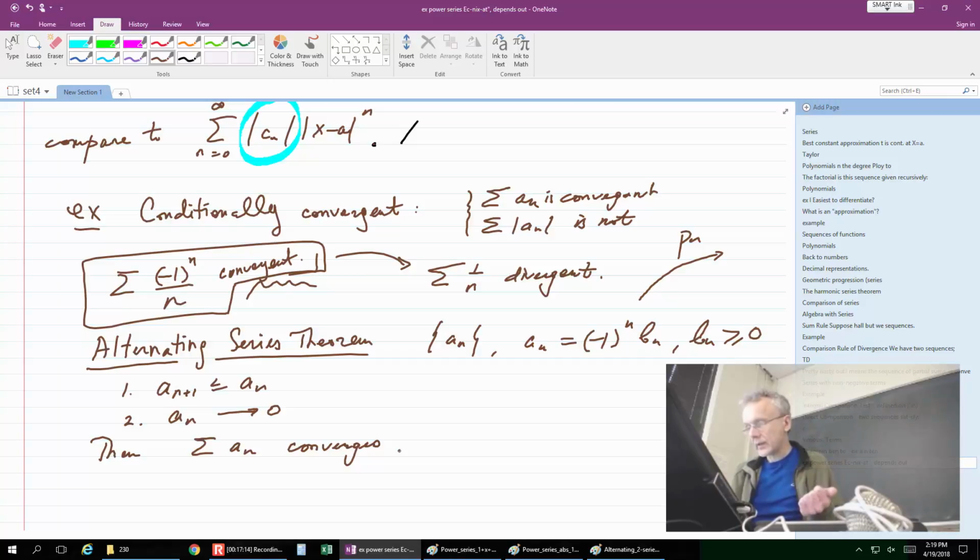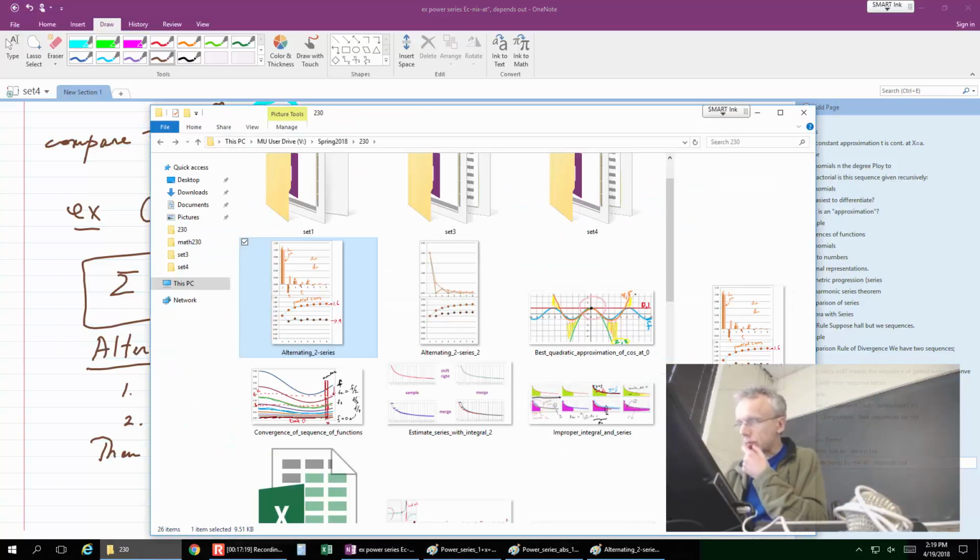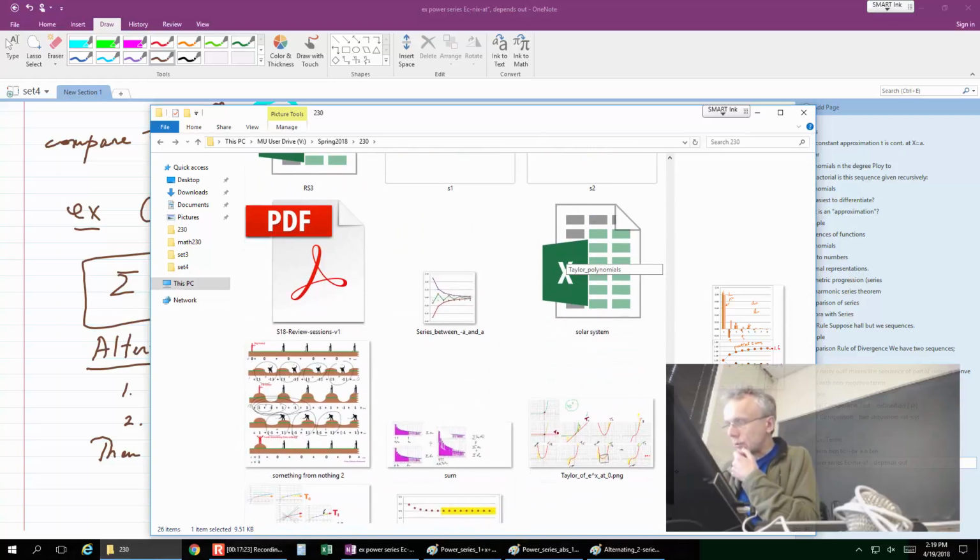Okay, so that is the theorem. The proof is, let's see if I have an illustration.